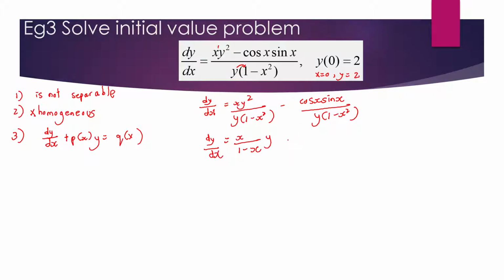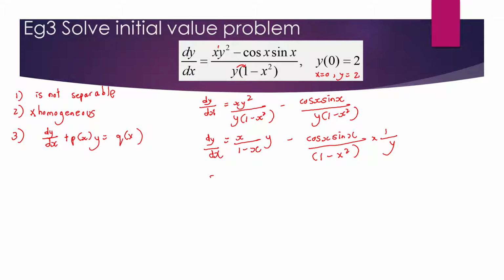And then this is cos x sin x, you have here 1 minus x squared. This is times 1 over y. So you see, for a linear differential equation, you have dy dx.